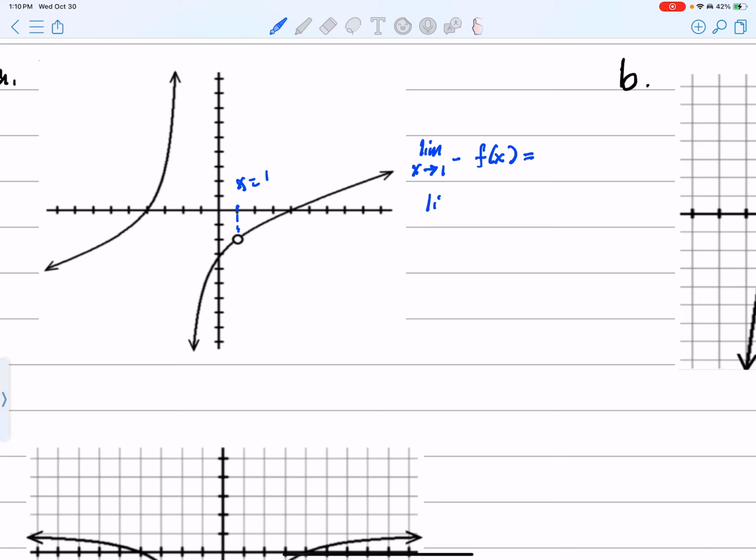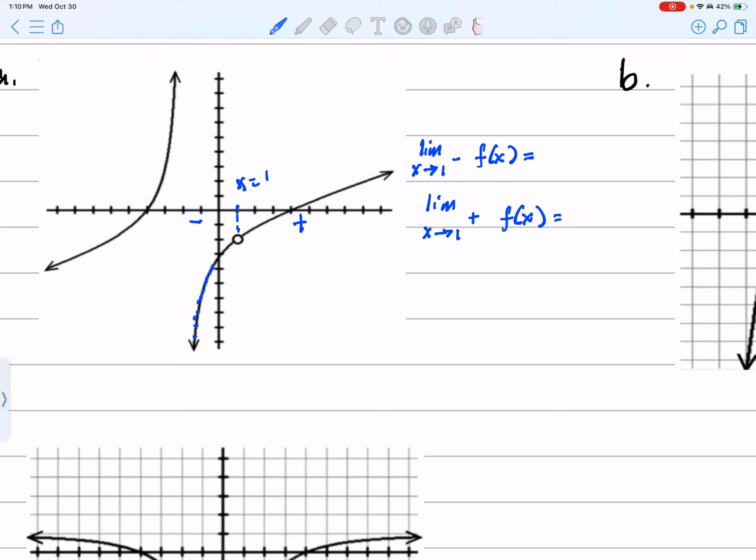The limit as x approaches 1 from the right, what is the function of x? So this is the left side and this is the right side of 1. All you have to do is look at your graph right here.